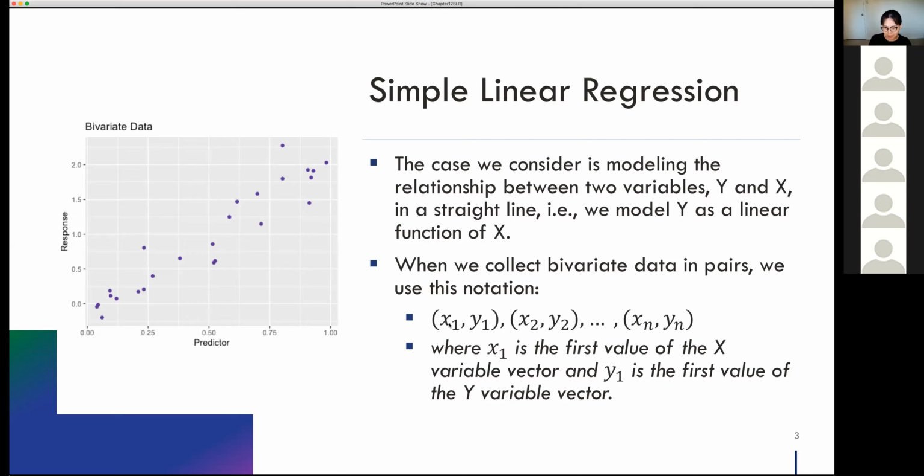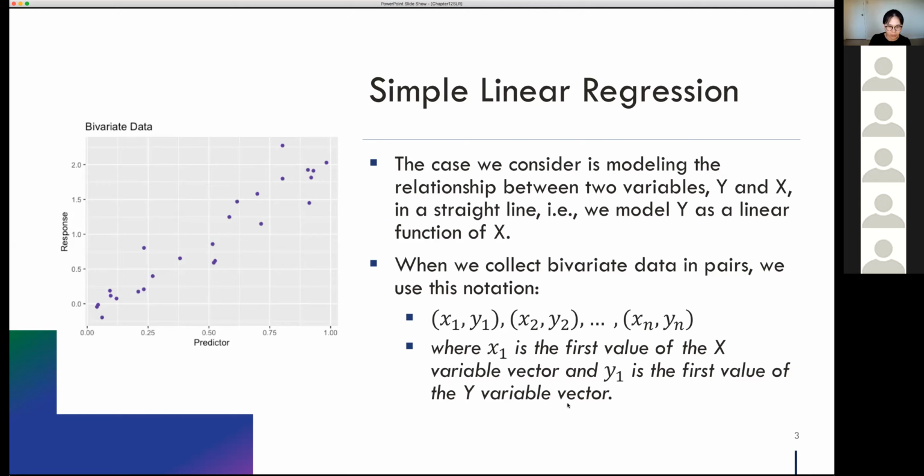You have x1, y1, meaning the first data point, x2, y2, the second data point. They are in pairs, and we are plotting each of them, like x1 and y1. Maybe they are here, like the x1 value, and the y1 value corresponding like this. And x1 is the first value of the x variable vector, and y1 is the first value of the y variable vector.